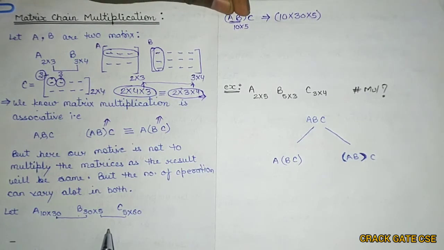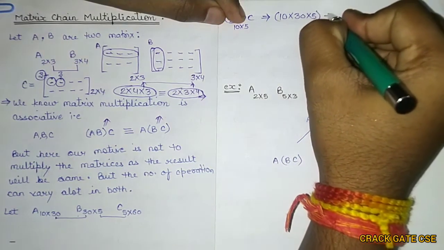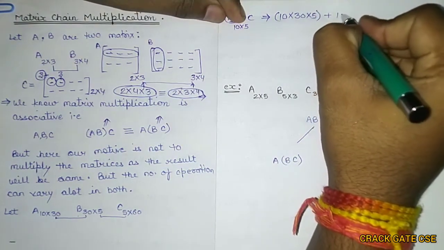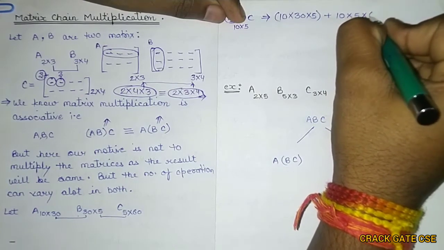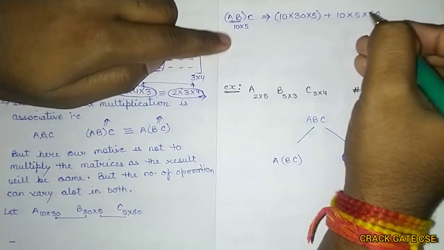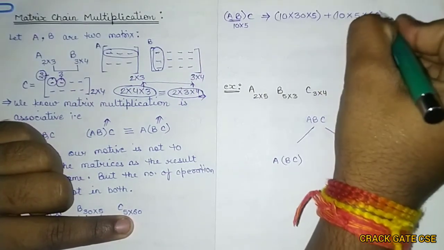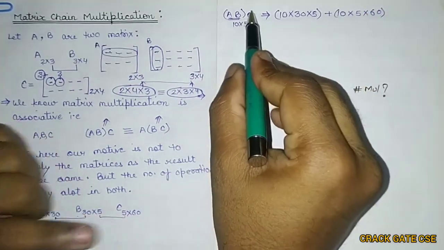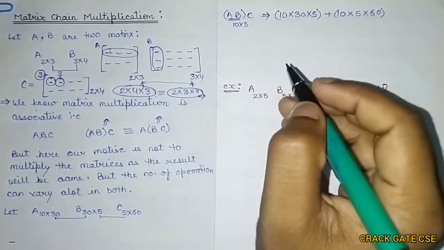And if I multiply this AB matrix, which has dimension 10 into 5, with C, which has dimensions 5 into 60, that means they are matrix multiplication compatible. The number of multiplications required will be 10 into 5 into 60. 10 into 5, this 5 is common, into 60. So this much multiplication is required to find the output using this particular approach.